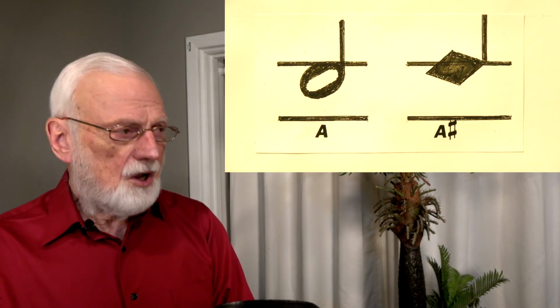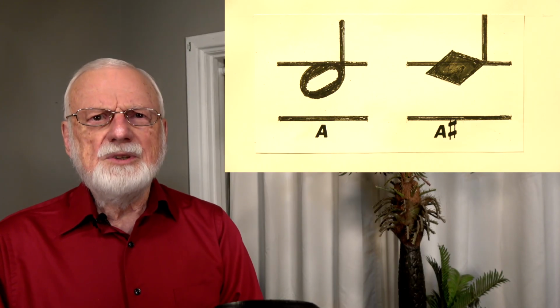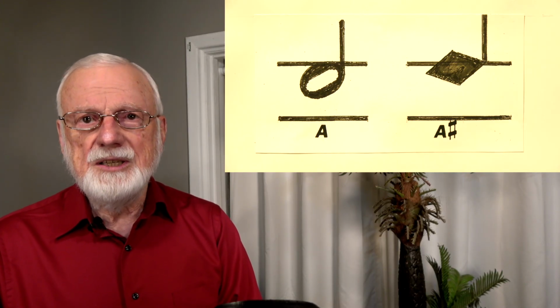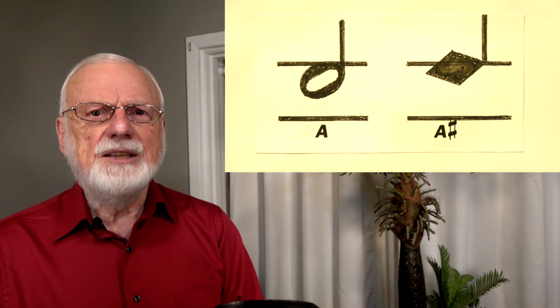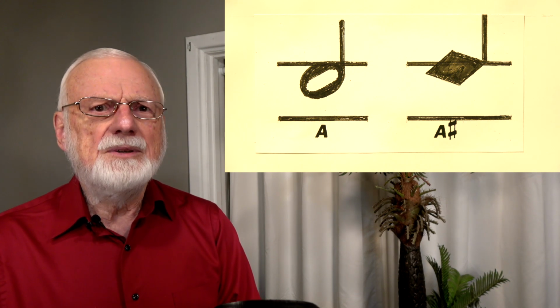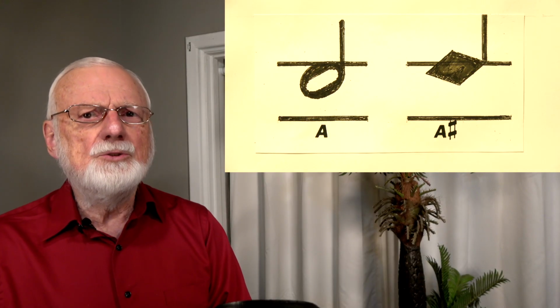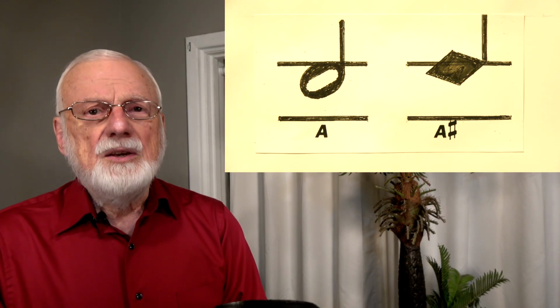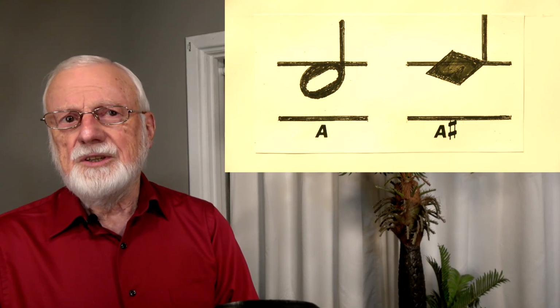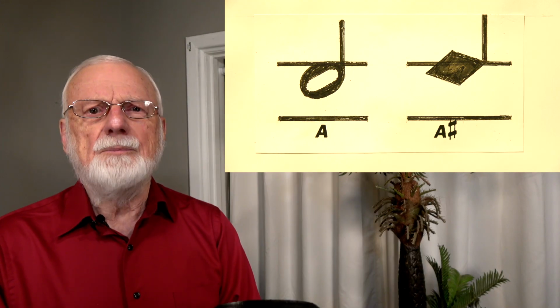Moving up the scale, also figure 2, we come to the next note, A sharp, which is a black, angular-shaped note head intersected at 1/3 from its top by the upper of the 2 staff lines, which are closer together. In this case, only 4 characteristics define A sharp.